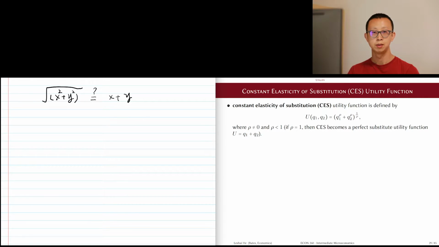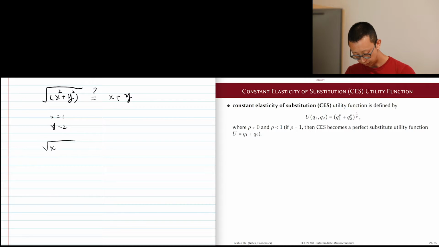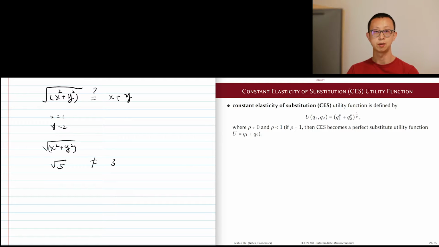Well, no. If x is 1 and y is 2, then the left-hand side, which is the square root of x squared plus y squared, is going to be the square root of 5. But x plus y is going to be 3, and clearly they're not equal to each other.